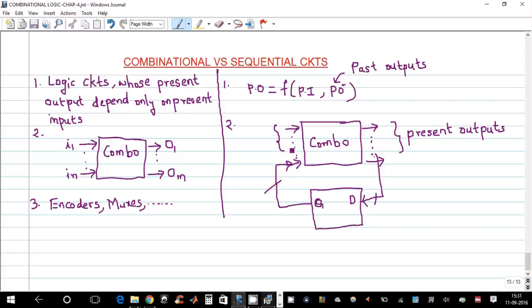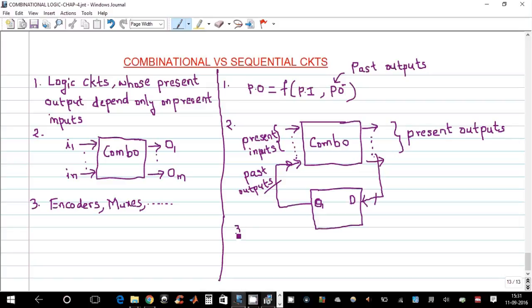So these are our present inputs, these are our present outputs. As we are taking some of the present outputs to a register whose outputs are given to a combinational circuit again, these are our past outputs.